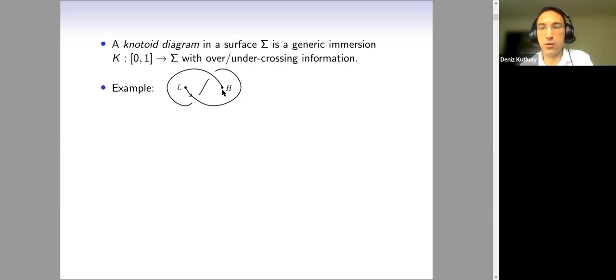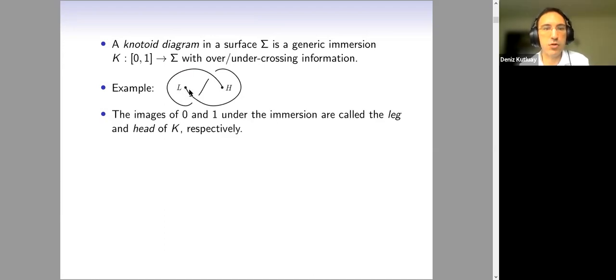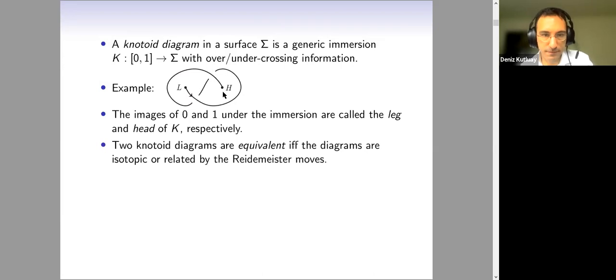And what you get is a knotoid diagram. In this diagram, we call the beginning point, the image of 0, the leg of the knotoid, and the end point, the image of 1 of this unit interval, the head of the knotoid.